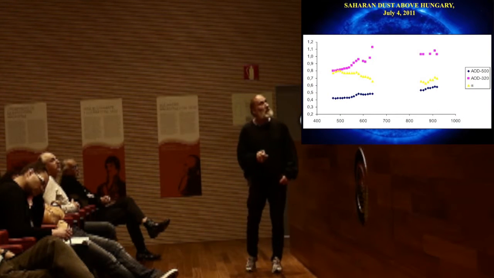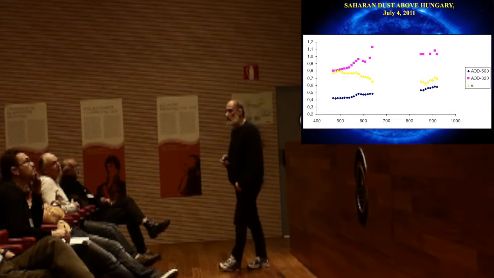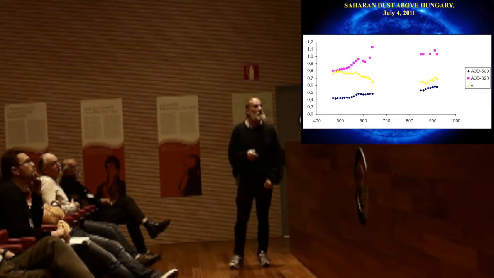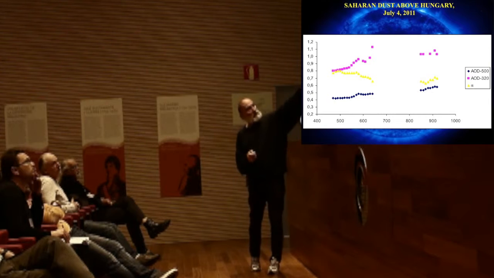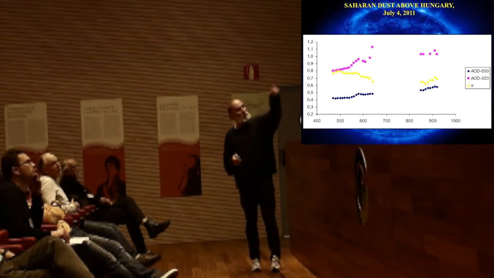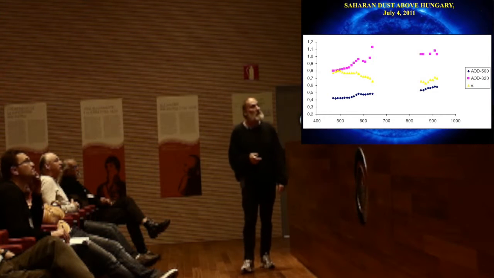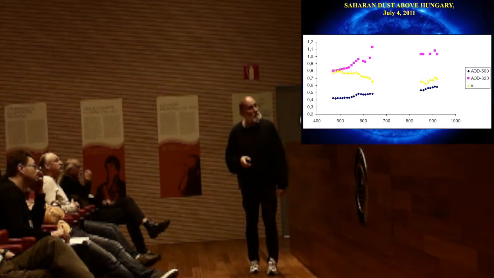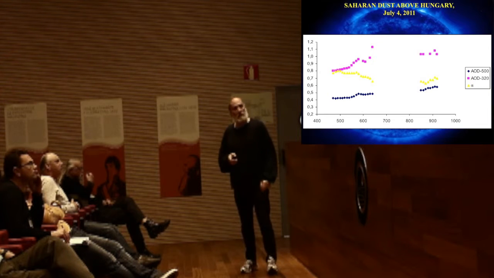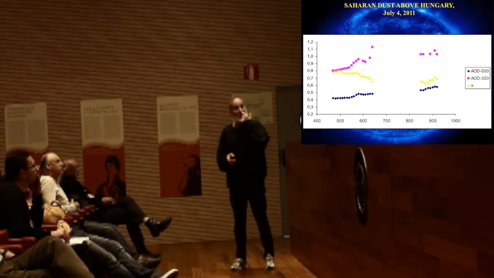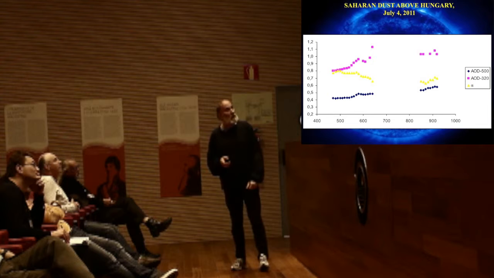It is the Saharan dust above Hungary on the 4th of July 2011. It is the minutes of the day. Also, you see violet dots for the AOD at 320 nanometers, and the blue dots mean the visible AOD from LICOR, and the yellow is the alpha.